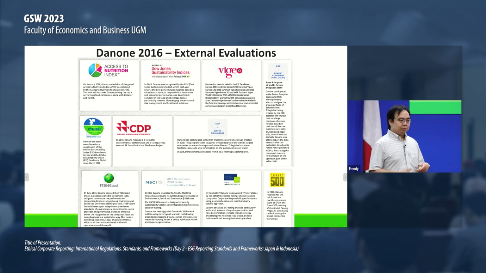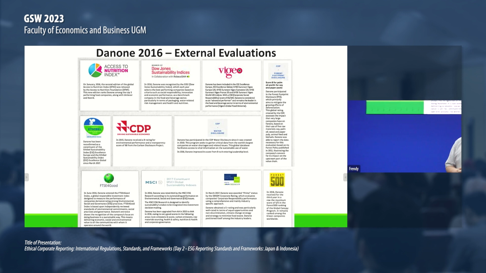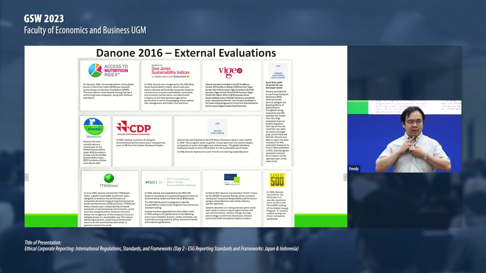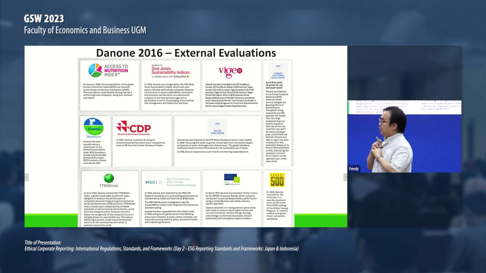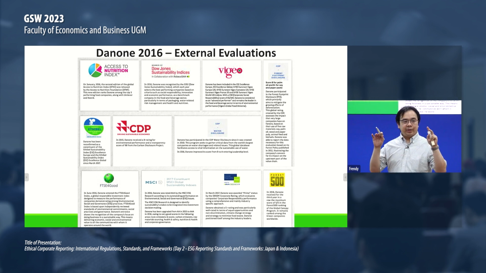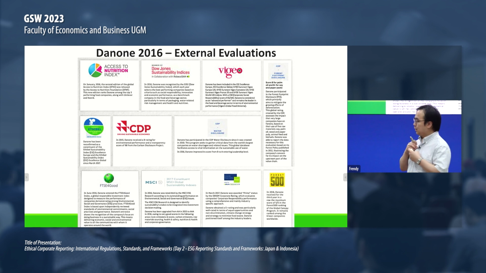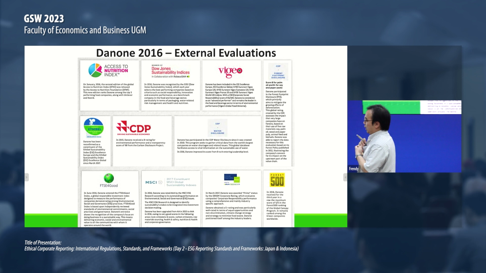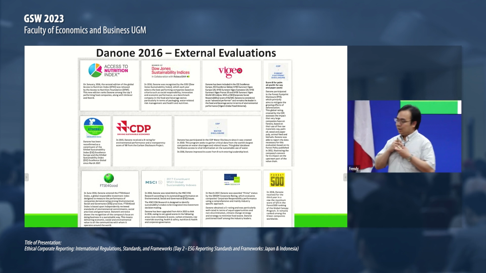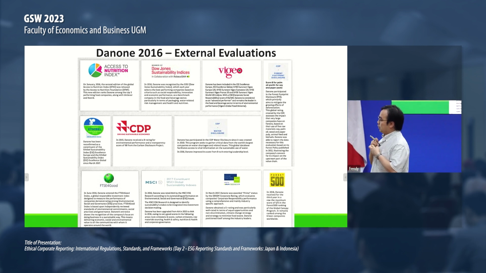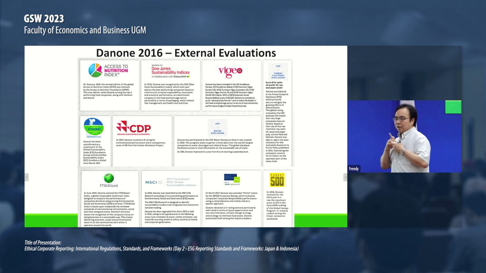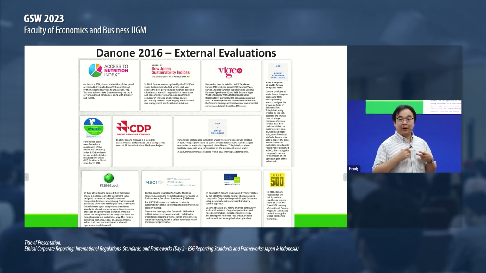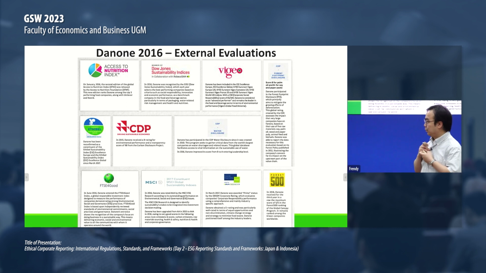Audit is not the only way for companies to verify their ESG information. So this is the external evaluation list that Danone shows in their report. They not only use KPMG, they also proudly show other companies that evaluate or verify the information we show in our report.